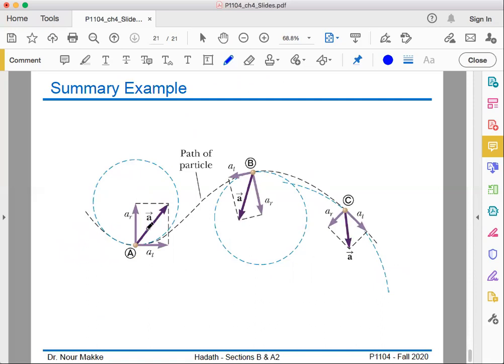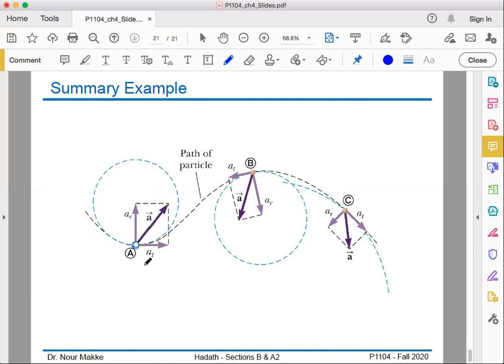So let's consider this curved path, and we are looking at different points along this curved path. If you take the point A, we assume that this part of the motion is an arc of a large circle that you can see here in blue at the point A. And so what do we have?